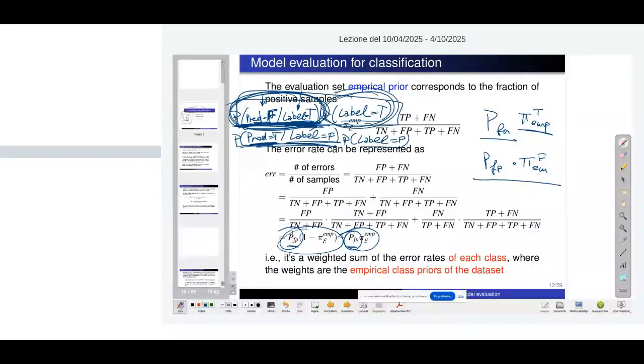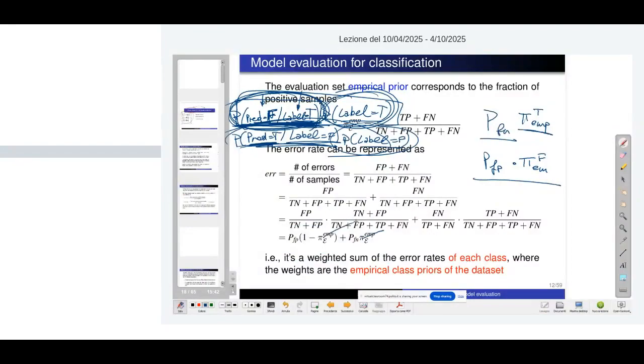That's the probability that a point is true and I classify it as false. The second is the probability that a point is false and I classify it as true. And since these two are exclusive, the sum is the error rate, the probability that a sample is classified incorrectly.